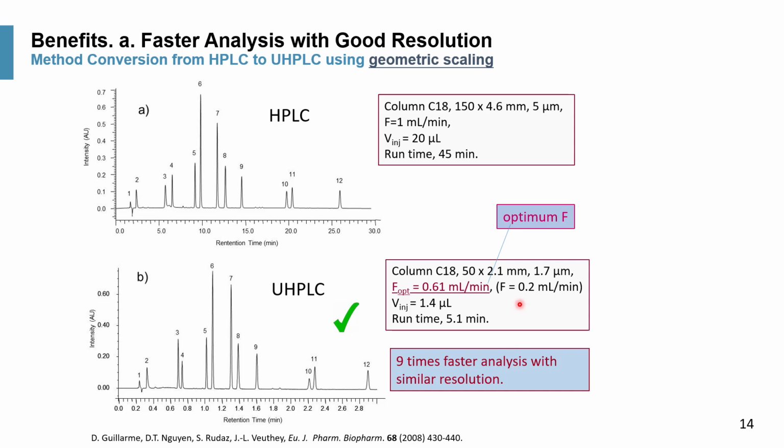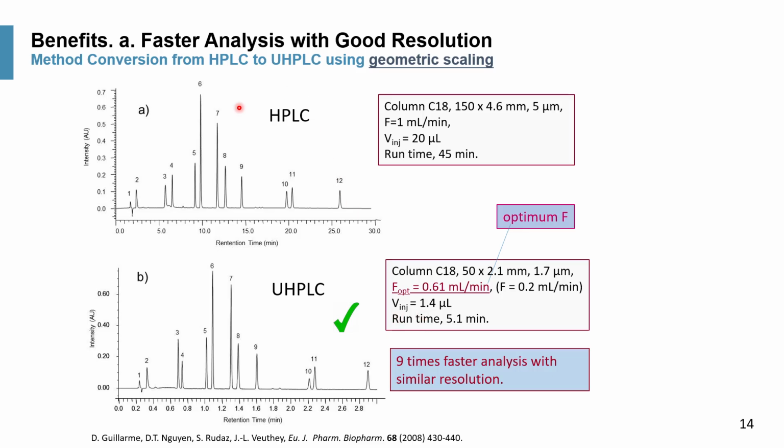The flow rate should be 0.2 mL per minute. However, because of the smaller particle size, the optimum flow rate is actually 0.6. So he optimized it using the optimum flow rate with geometrical scaling of the other parameters. And because of the smaller column volume, you have to inject less, so the injection volume is 1.4.